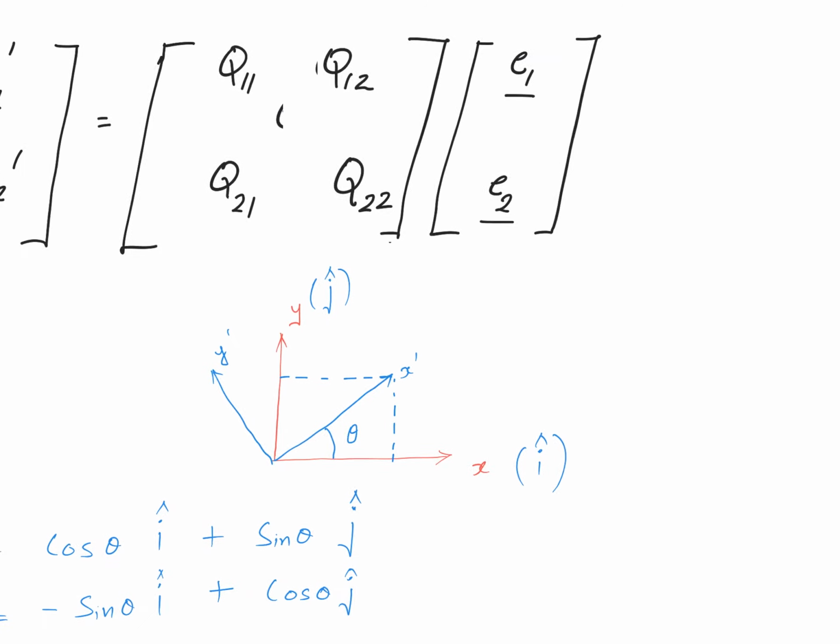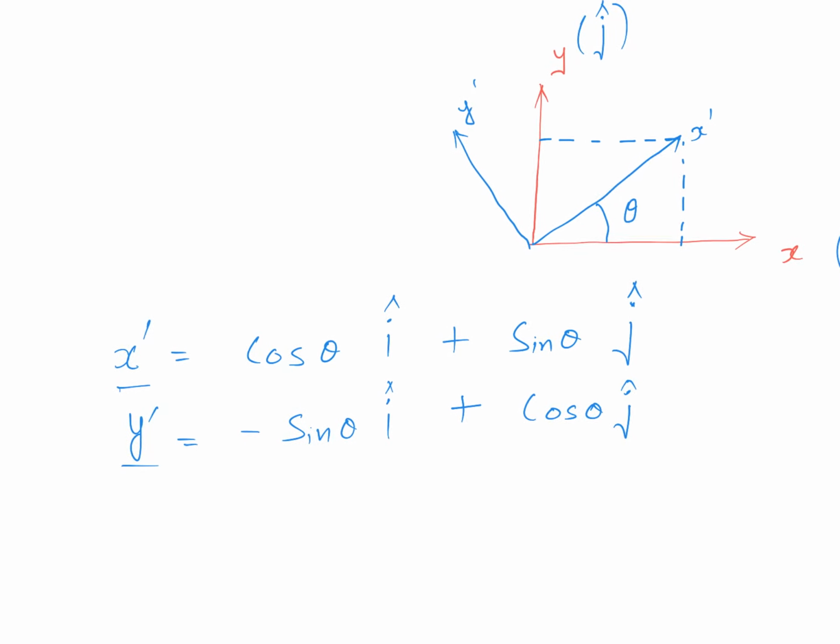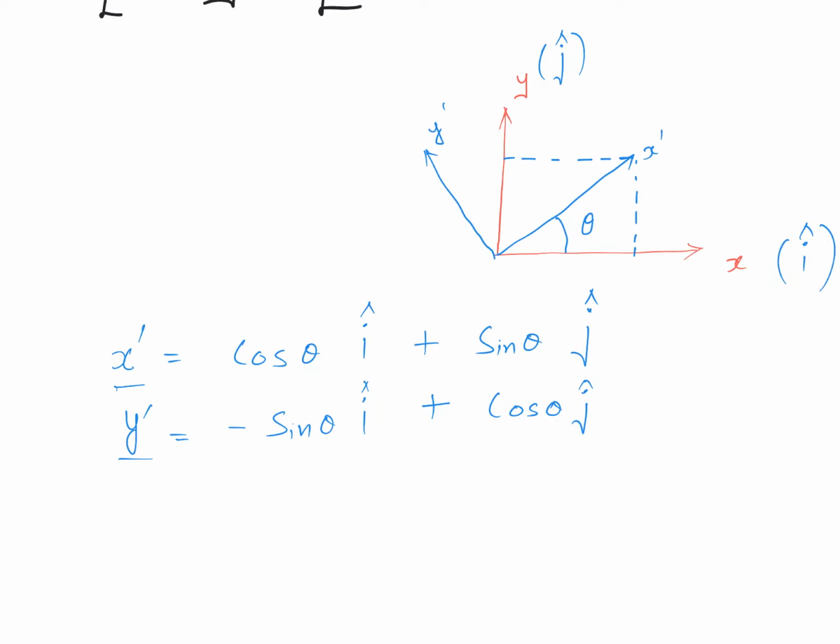Let me just explain that with this example. So what I'm telling is your q12 is your e1 prime dot your e2, isn't it?